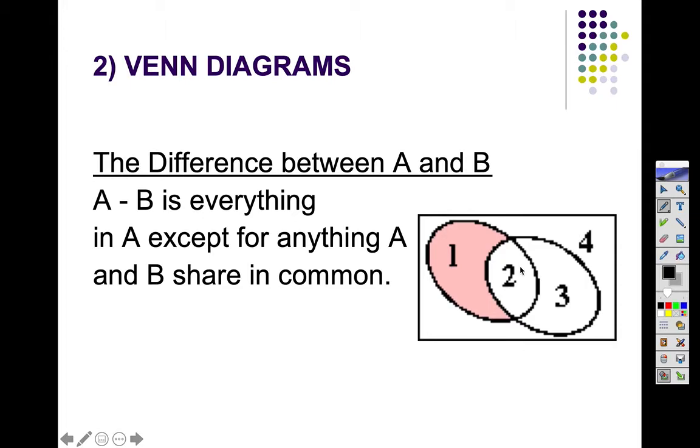Subtract away the things that are in B, but never, ever add more to it. If it starts as just A, you can't get more than what is in A. All you can do is take away things. So the answer here would be just the number 1, but we're more focused on this is the shaded region.